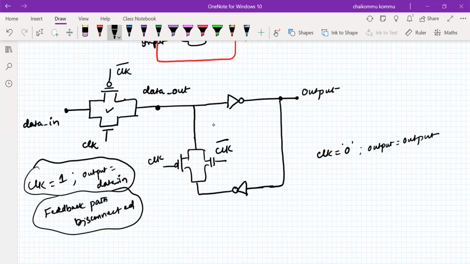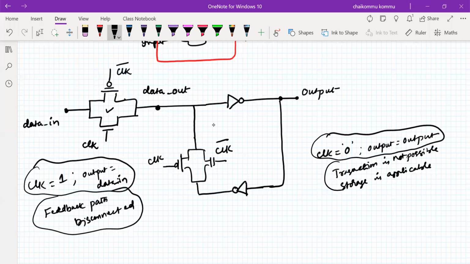During this connection, transaction is not possible, which means that storage is applicable, right? So this is the time when the transaction should not be happening. Clear? So this is the designing part of the D-latch.